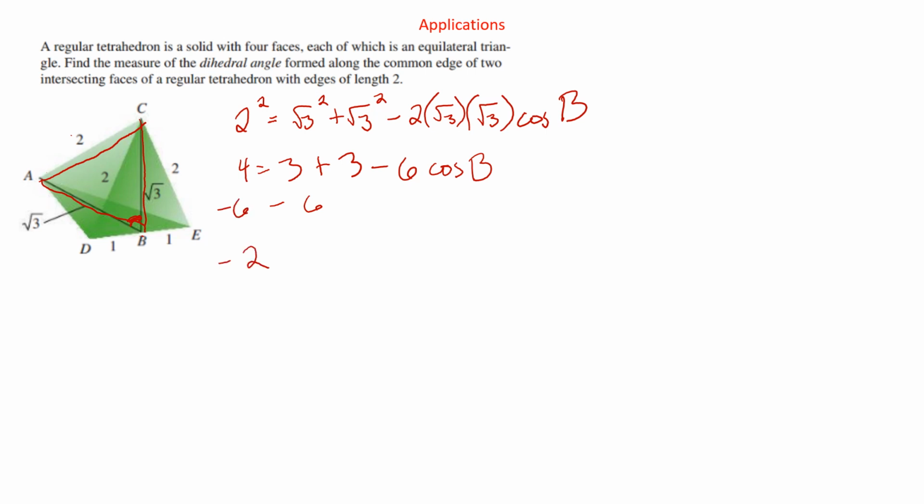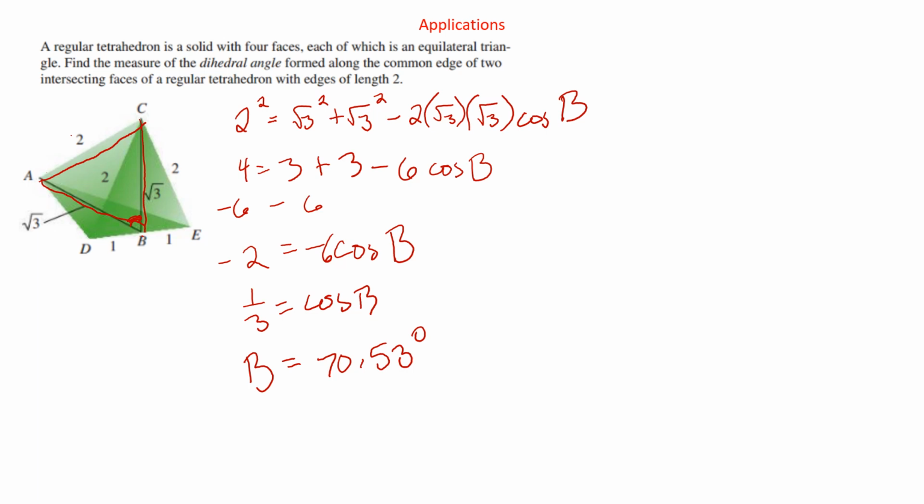So we get 4 minus 6 is negative 2 equals negative 6 cosine B. Divide by negative 6 to get 1/3 equals cosine B. And we can do the inverse cosine of 1/3 to get 70.5287, which is 70.53 degrees.